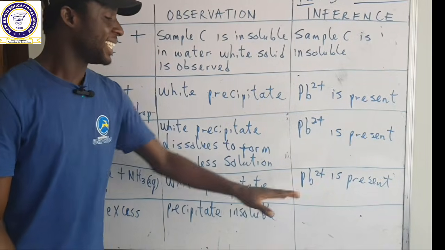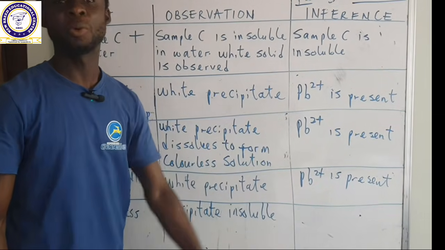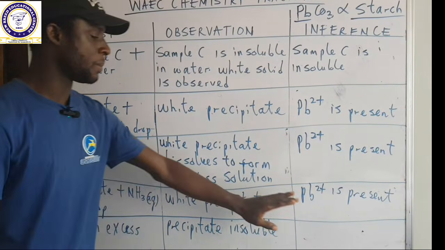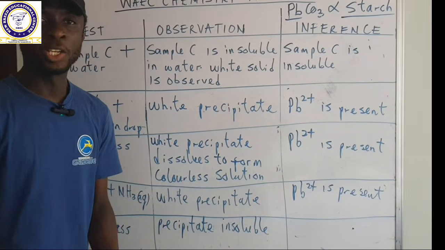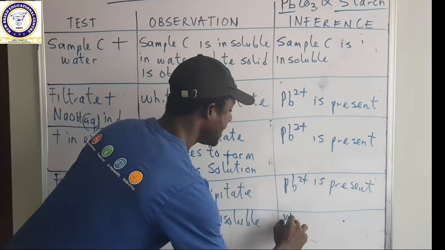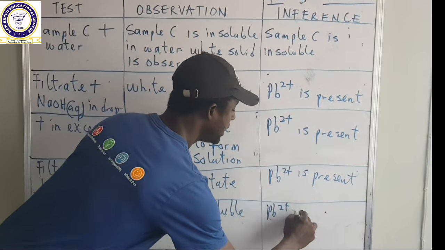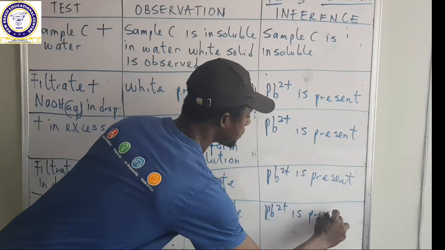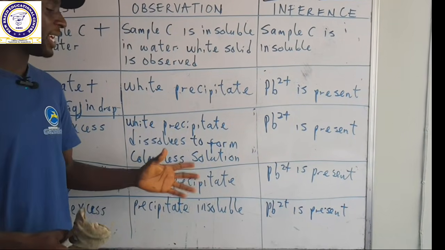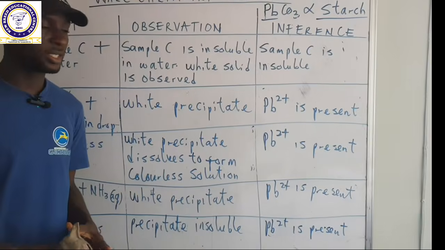But since we know that it is lead that is in our test sample, we know our observation here is mainly for lead ion and not aluminium ion. So here we still have lead 2 ion is present.